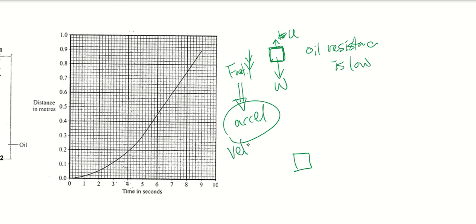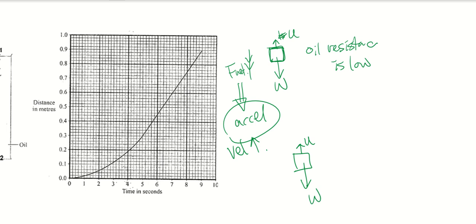The velocity will increase. We know that when something is falling through air, as its velocity increases, the air resistance increases. Similarly in oil, as its speed increases, the oil resistance will also increase. So next thing I want to draw is my U increasing.